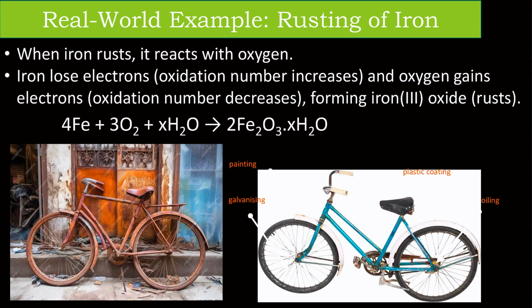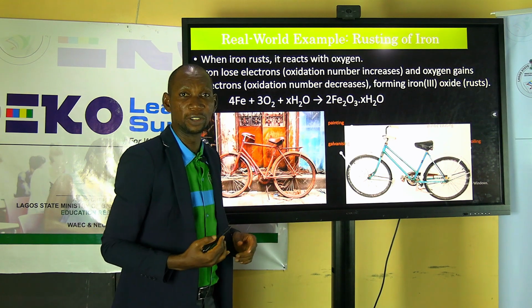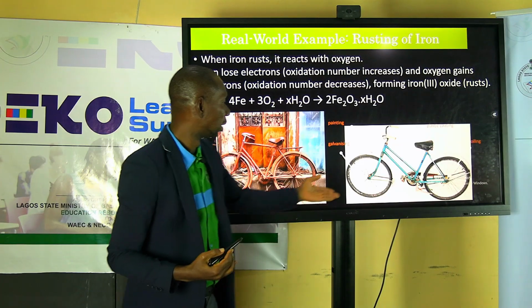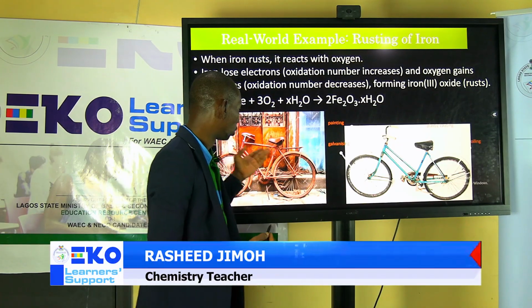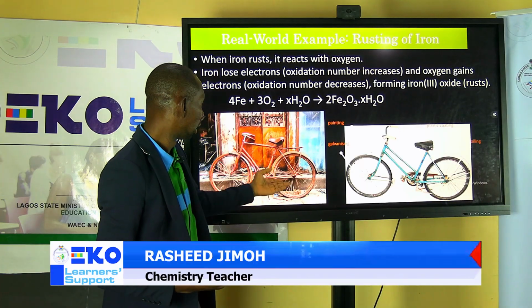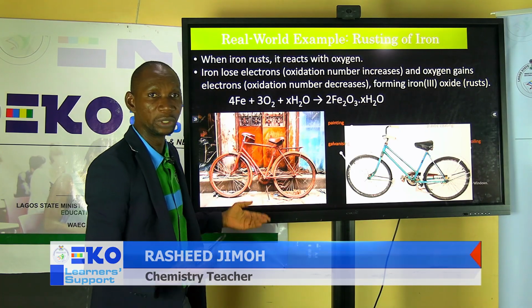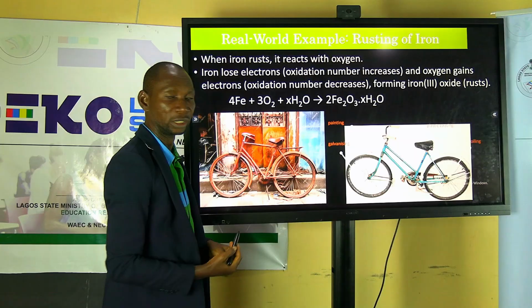All right, let's look at some real-world applications of oxidation number. What can you see on the screen here? You are right. It's simply rusting of iron. You have a new bicycle, and after several exposures to air and water, it becomes brownish. What has happened there is oxidation.